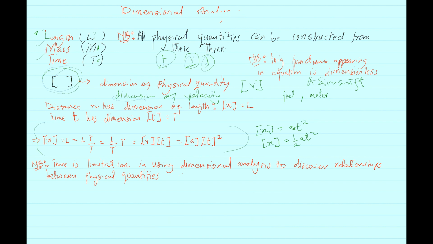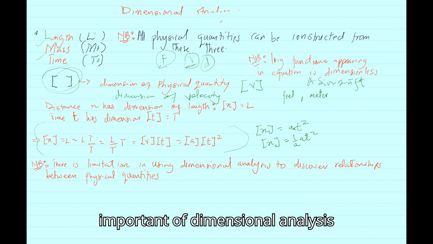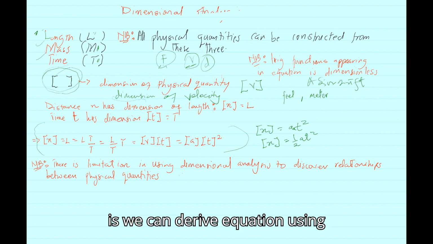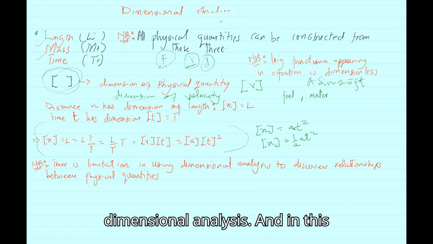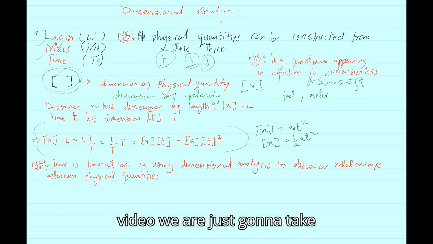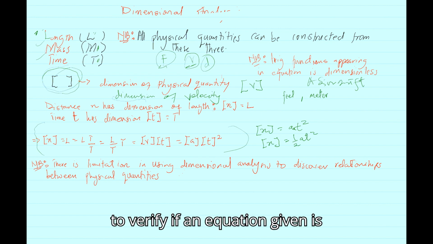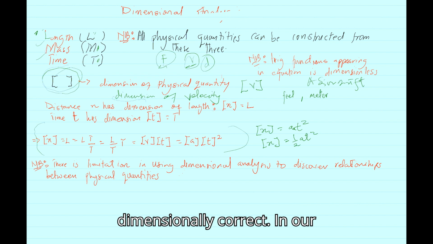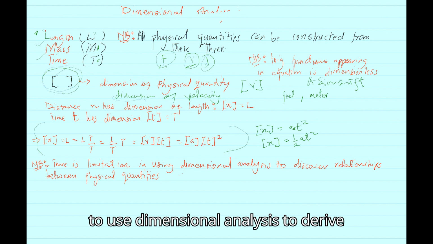Another importance is that we can derive equations using dimensional analysis. In this video, we are just going to take how to use dimensional analysis to verify if a given equation is dimensionally correct. In our next video, we will talk about how to use dimensional analysis to derive equations.